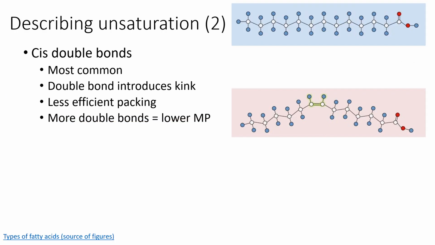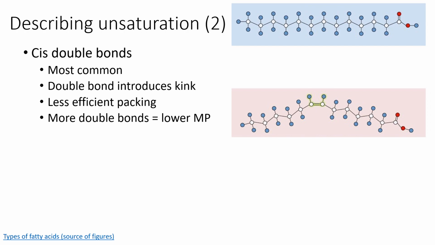So let's talk a little bit more about those double bonds. If you recall, double bonds can either have a cis or a trans configuration, depending on where the R groups are and where the hydrogens are. For most of the fatty acids that we see in nature and in our cells, we most frequently see cis double bonds.